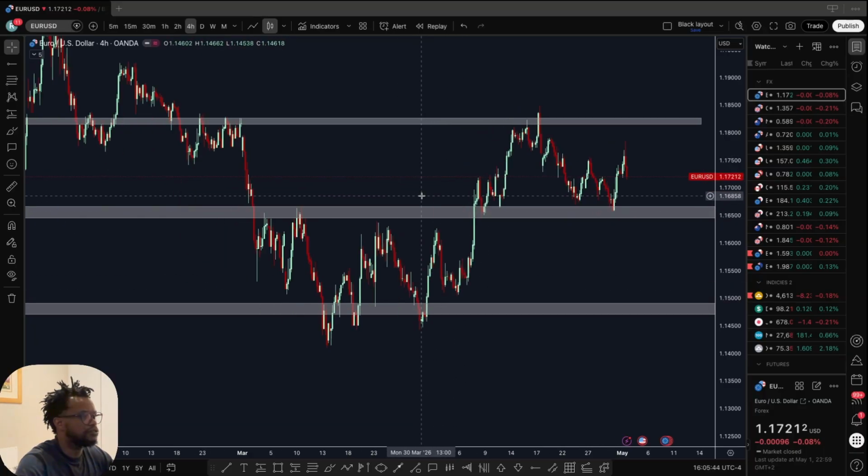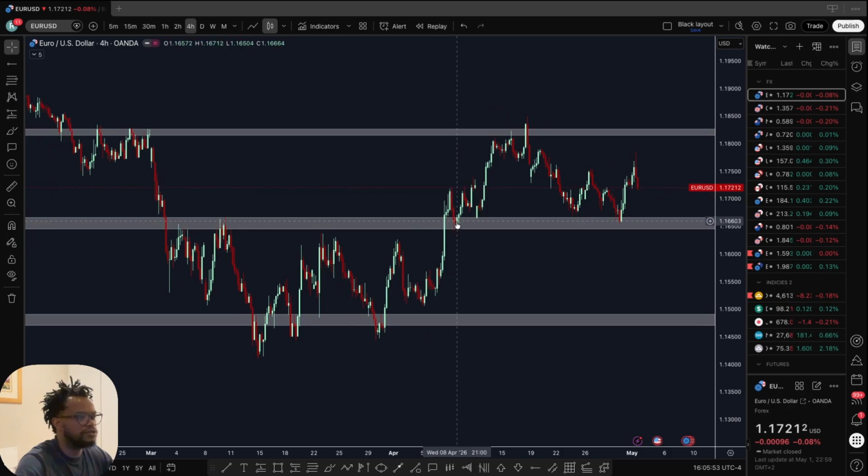Price broke this level here. You can see why I leave these levels here, because of the reaction of price at these major SNR zones. So we broke this level, the support became resistance, and you can see we are breaking structure all the way up.